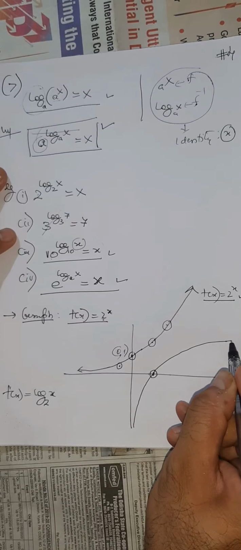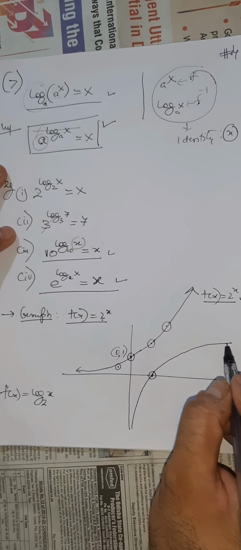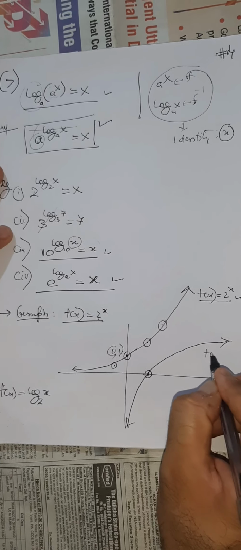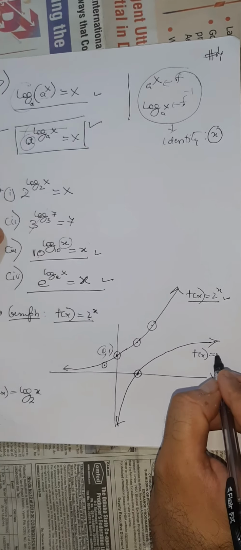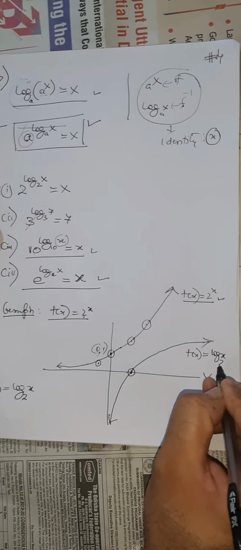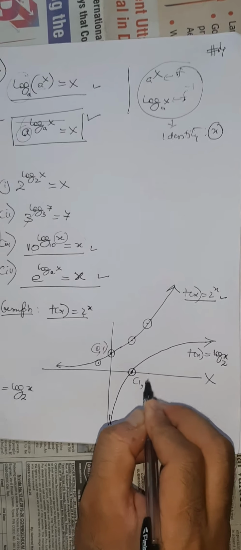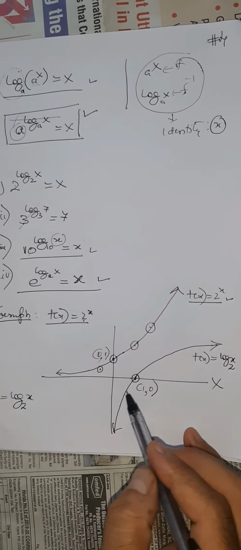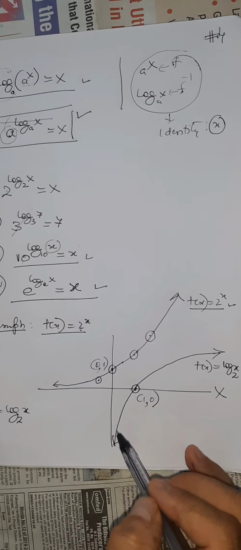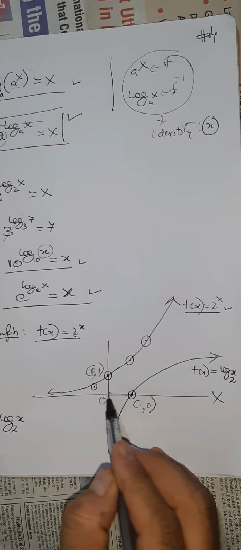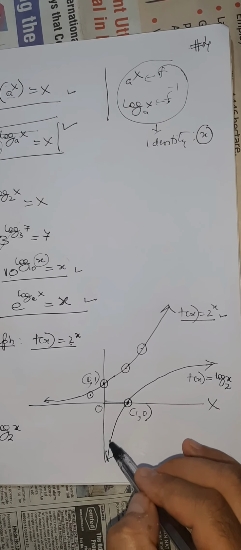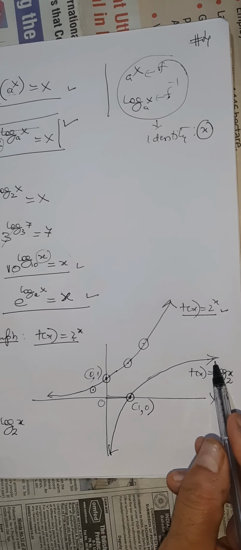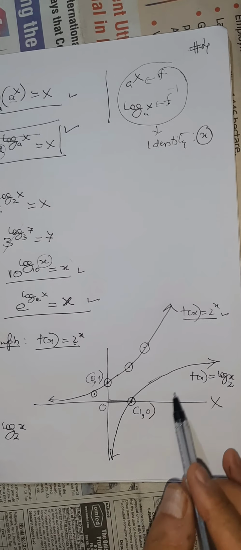This is the graph of the log function f(x) equals log x to the base 2, the inverse of this actually. The value of the log function is negative between 0 and 1, and this is also an increasing function without break, so it is also a continuous function.